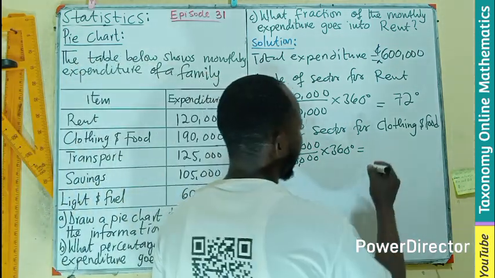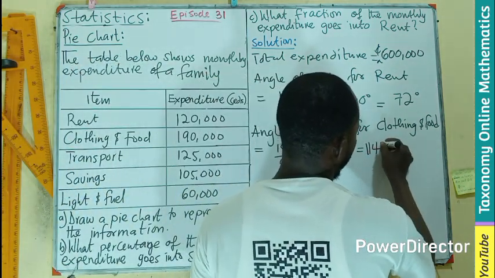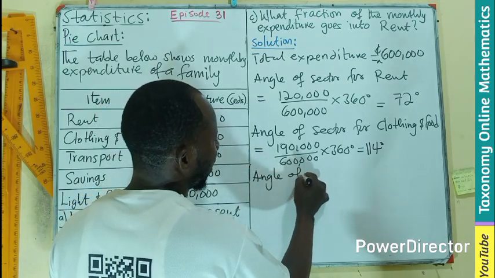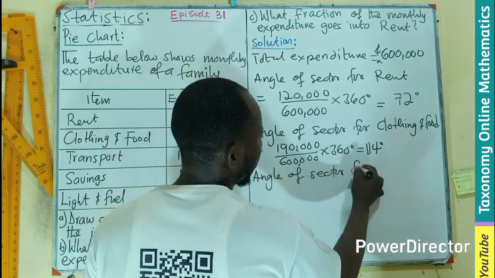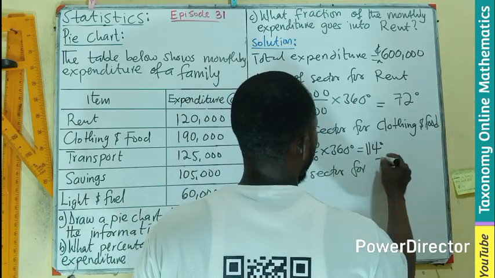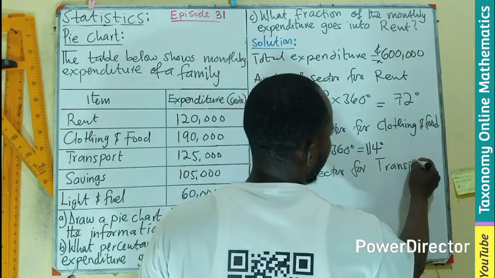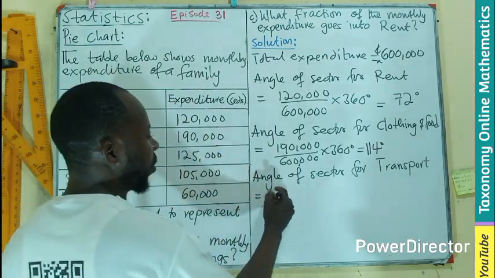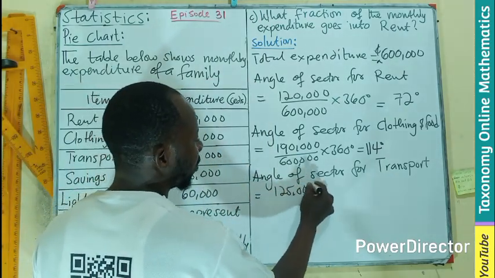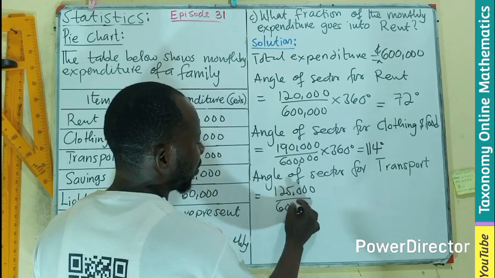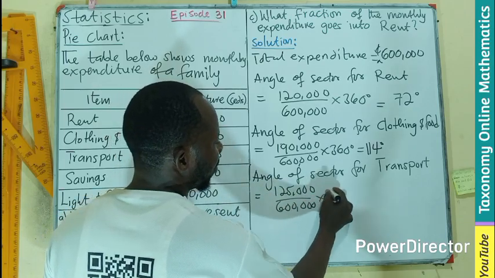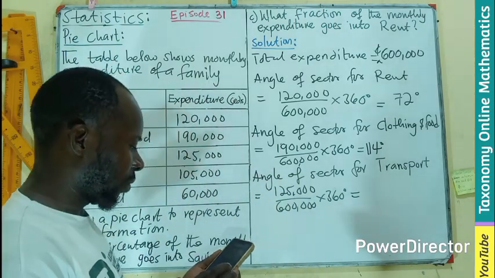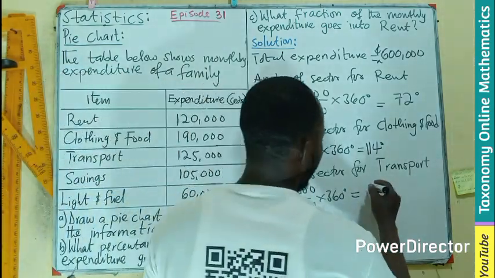That will be 114 degrees. Let's go for angle of sector for the next one, which is transport. That will be the item for transport is 125,000 divided by 600,000 times 360 degrees. And that will also give you 75 degrees.